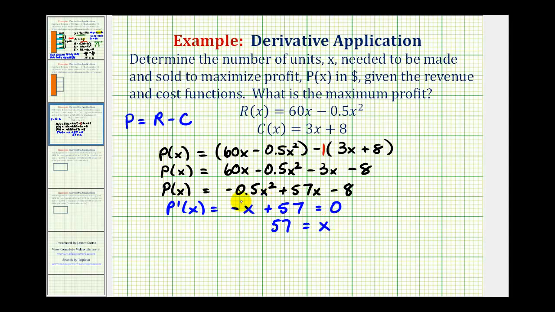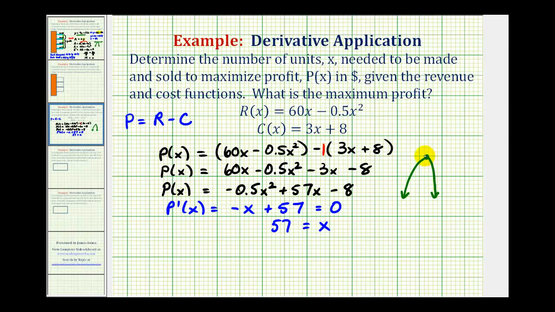Now I want to take a moment and go back and take a look at this function here. Notice if we were to graph this, this would be a parabola that opened down because a, the coefficient of x squared, is negative. So if we have a parabola that opens down, and we're trying to maximize this function, this high point here would represent the maximum.